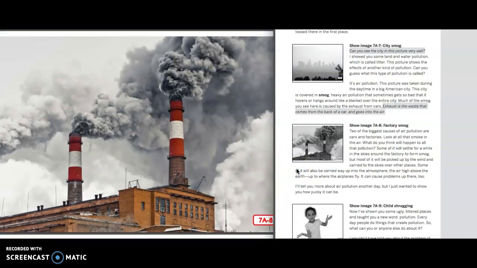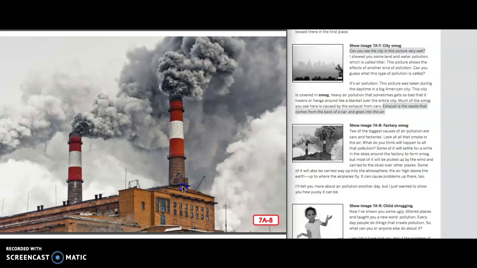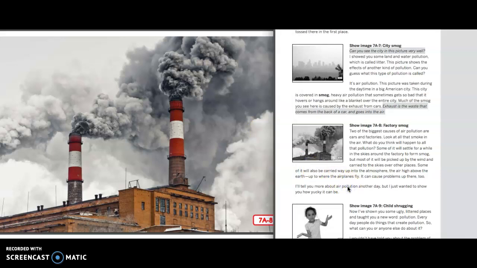Two of the biggest causes of air pollution are cars and factories. Look at all that smoke in the air. What do you think will happen to all that pollution? Some of it will settle for a while in the skies around the factory to form smog, but most of it will be picked up by the wind and carried to the skies over other places.